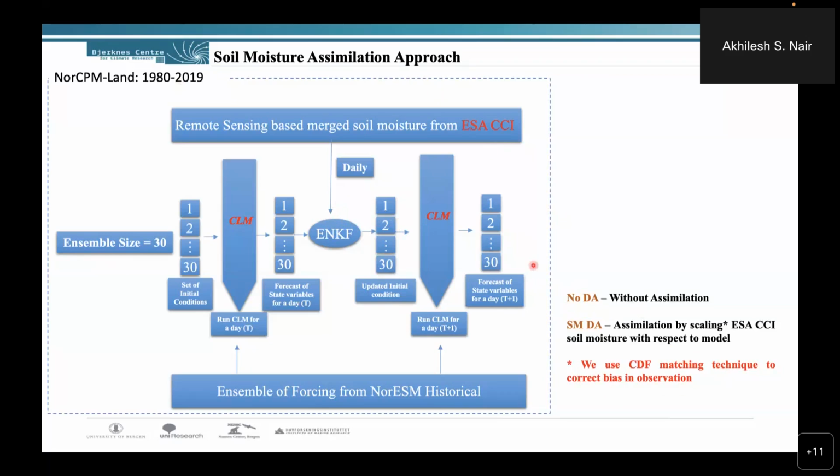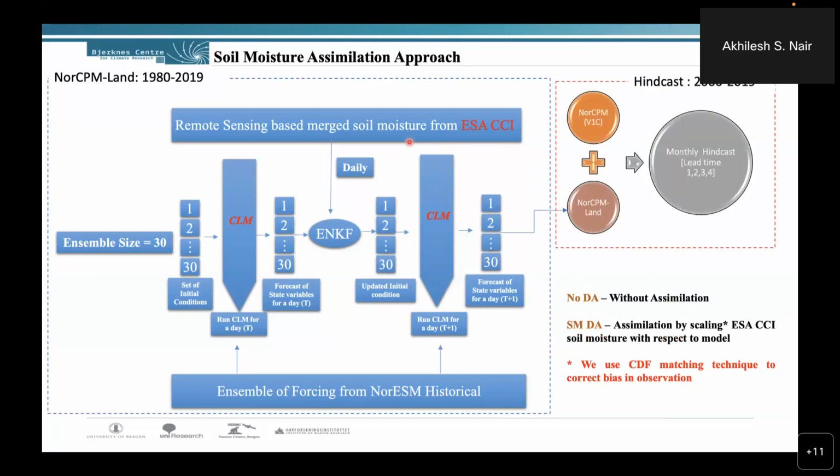With this approach we have two test cases. One is without assimilation, where soil moisture is predicted by just the CLM, named open loop, and the other is the assimilated soil moisture product from CLM. This is the first part of the results which I will be discussing.